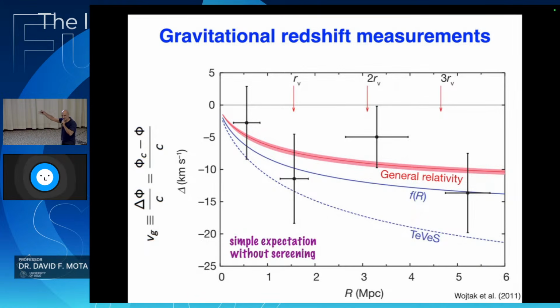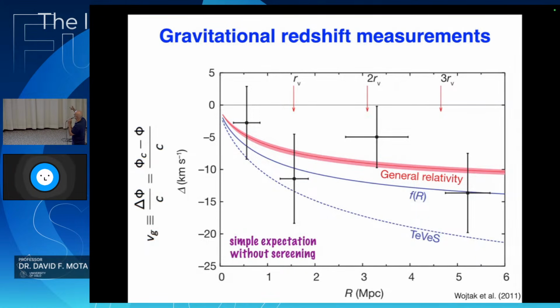We could measure it on the Earth and in the solar system, but not at cluster level. So they got these 4 points here, and they plotted the gravitational redshift as a function of the radius of a given cluster. This is what it's showing, and we have the general relativity line, that's the red line here. This is an F of R gravity here.